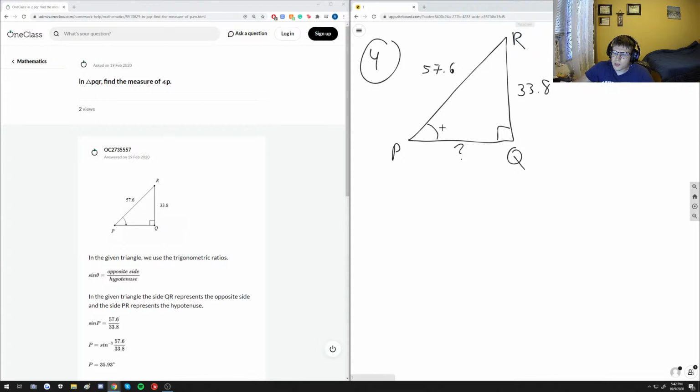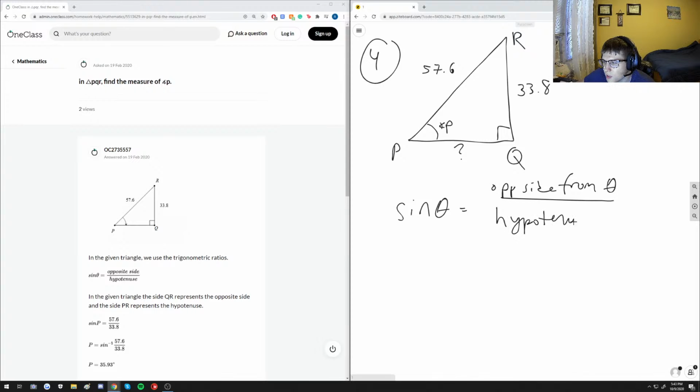So this right here is angle P, lowercase p, because it is the angle of big P right here. The definition of sine theta is the value of the opposite side from theta over the hypotenuse.